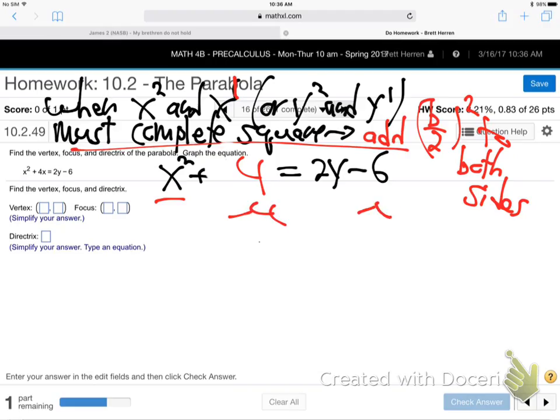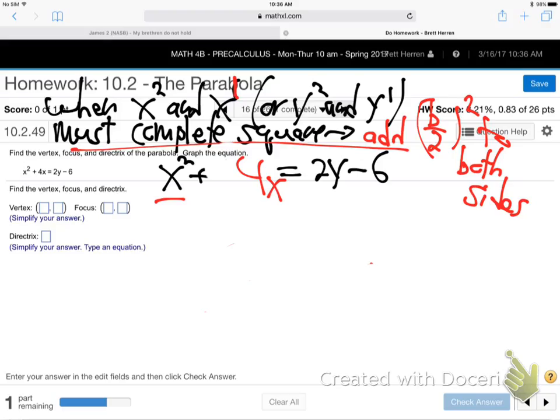I would just subtract that 4. X squared is 2y minus 10. I wouldn't complete the square, because there is just x squared. He's done, right? But if you have x squared and regular x, everybody seeing that? X squared and regular x, that's when you go, oh yeah, I got to get those together in one parenthesis. I've got to complete the square.